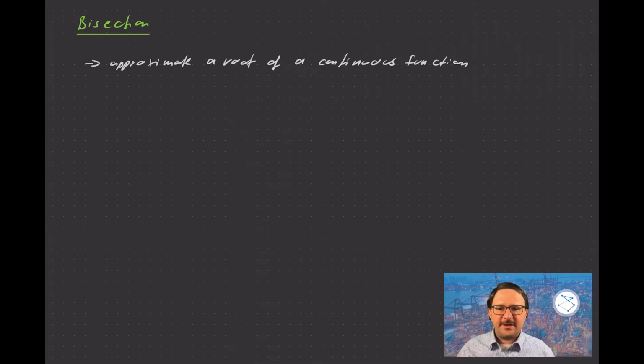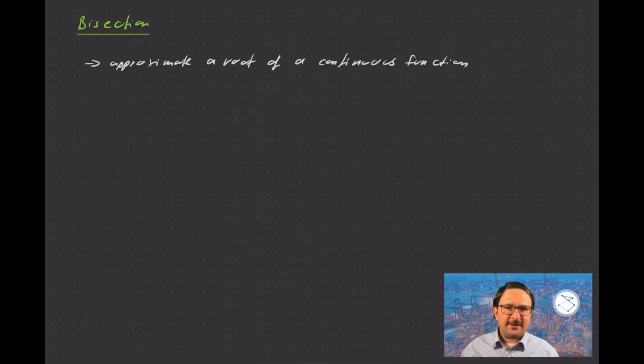Now, the nice thing about this is we don't have to know a lot about the function. Basically, the only thing we need is to be able to compute values for given input points, and we need to be sure that the function is actually continuous. Not a lot more is necessary. On the other hand, we don't gain a lot as well. This is an approximation. It doesn't necessarily give us the root, but it just approximates it numerically.